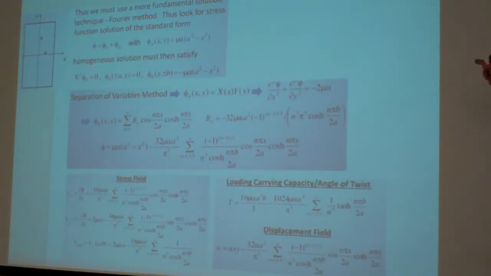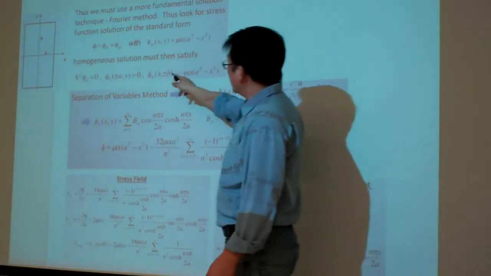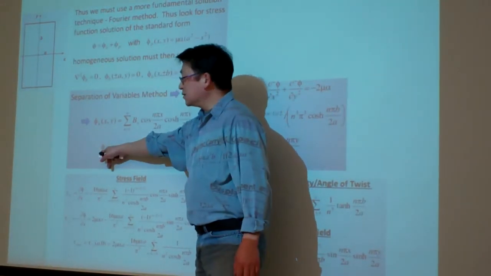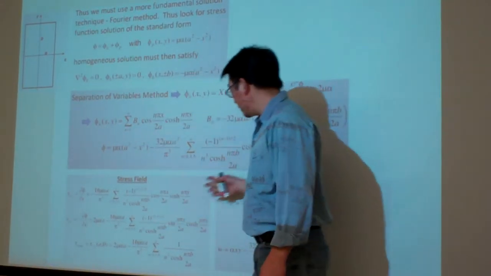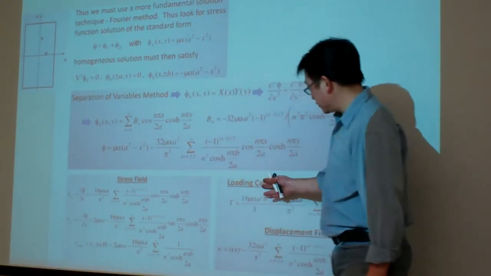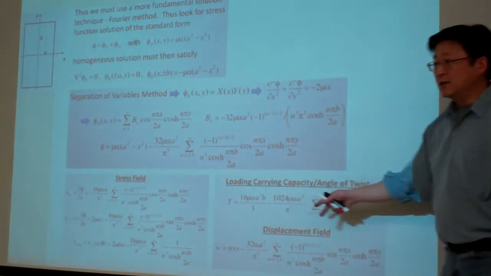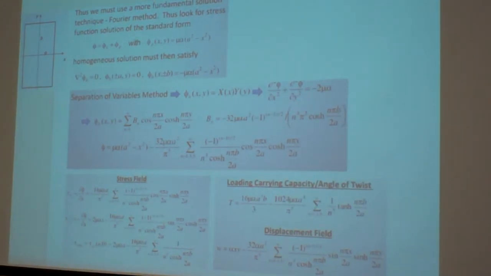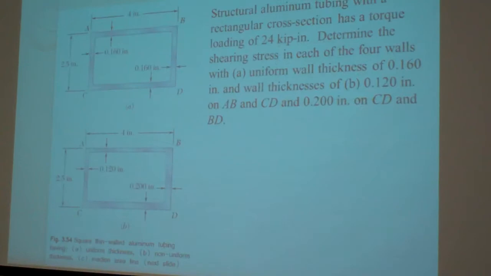This one? Okay, probably you saw this one. So this one, if we solve for this function, then everything will be derived automatically. What we're concerned about is the stress, and we're concerned about the torsion loading. So this is the one I mentioned here.